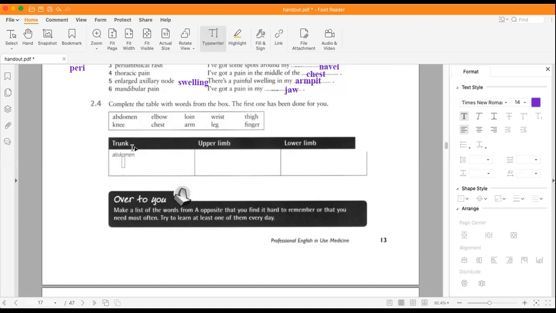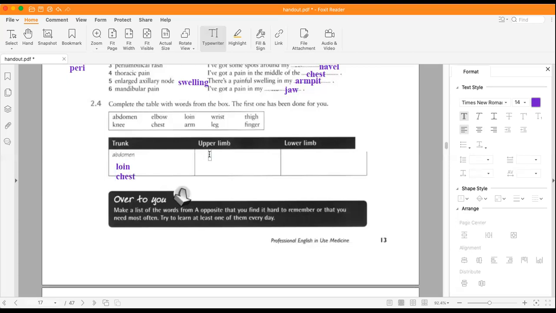Here we have abdomen. What else do we have in the trunk? I suggest you give yourself just 1 minute to answer it, then continue the lecture. We have the trunk: abdomen, loin, and chest.